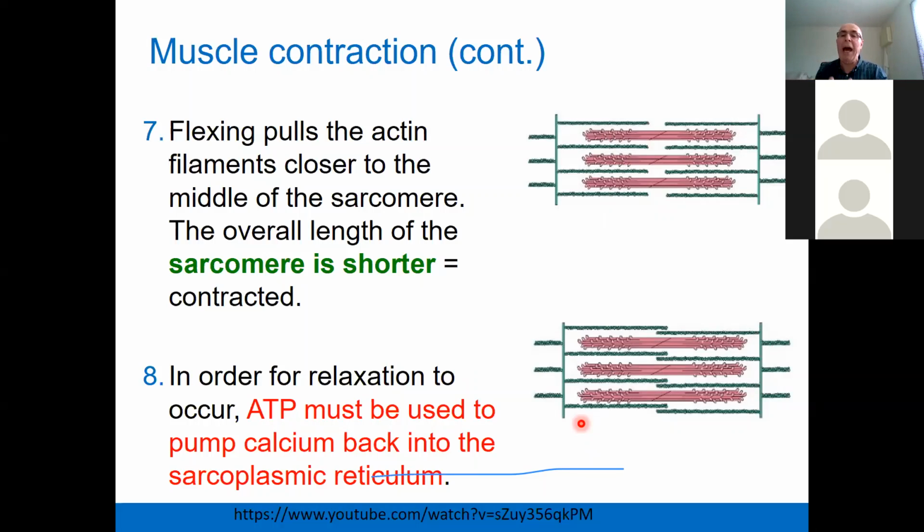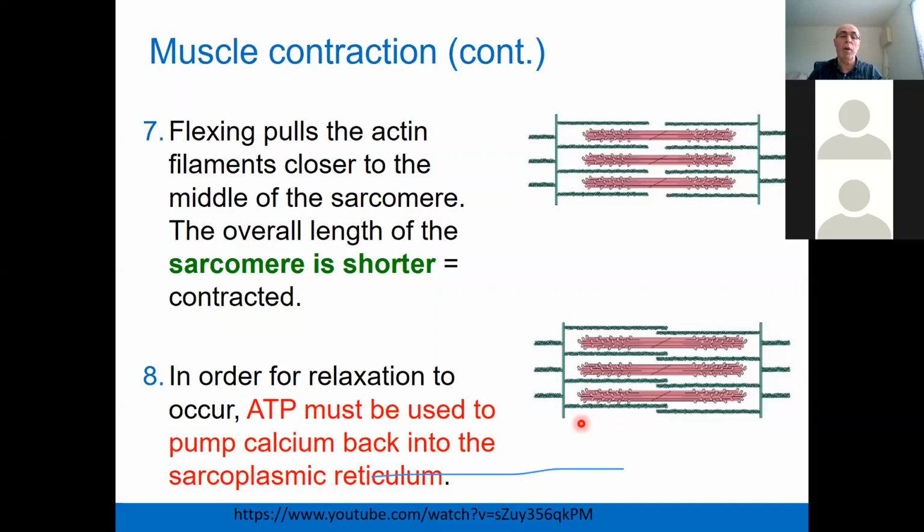In order to end the contraction and make the muscle relax, we need to get the calcium back into the sarcoplasmic reticulum, okay? Any drugs which prevent calcium from going back into the sarcoplasm result in muscle contraction, okay?